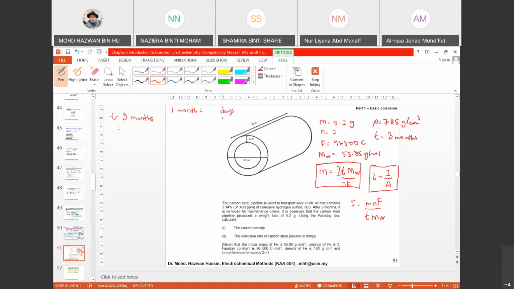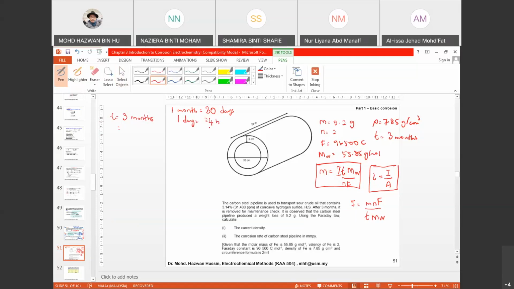If you want to use days, I recommend you to use 30 days. Don't use 31, don't use 28, don't use 29. Use 30 days, the average number of days per month. Then you can easily convert into hours and so on. 1 day equals to 24 hours.